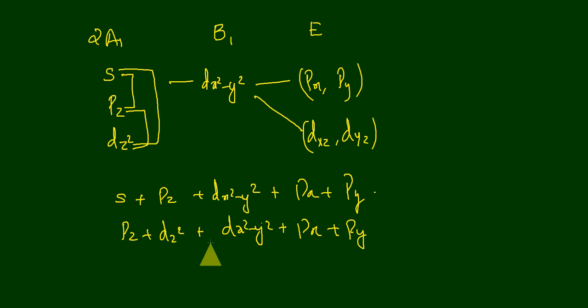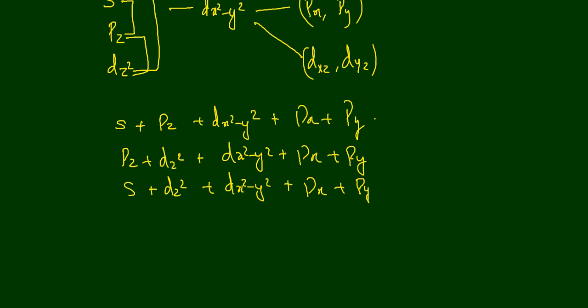Okay, that is the second set. And the third set is s plus dz square plus dx square minus y square plus px plus py. Okay, these are the three possibilities from there, and the other possibilities are there.